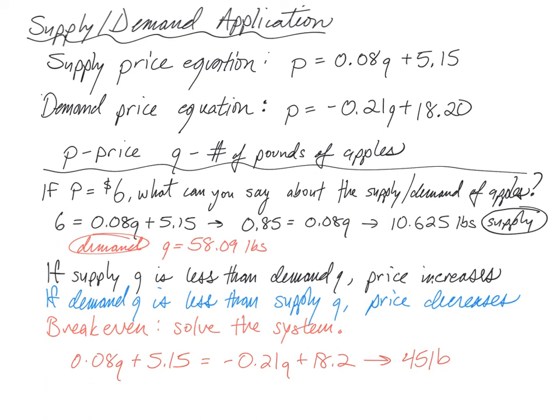And the price for all of this should come out to be $8.75. So you'll be selling 45 pounds of apples for $8.75 each, which amounts to about 20 cents per pound, if you want to think of it like that.